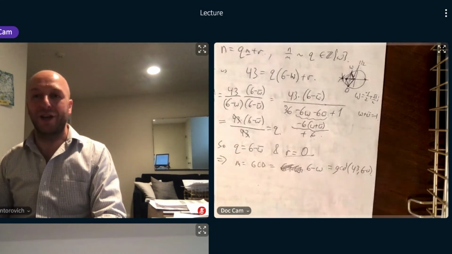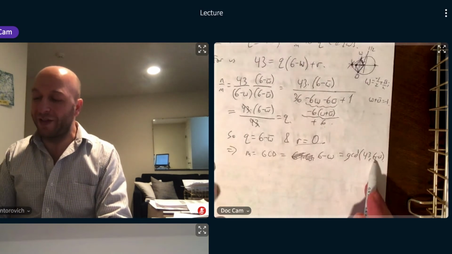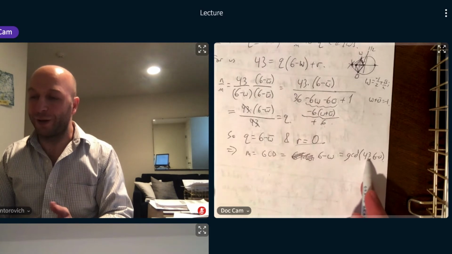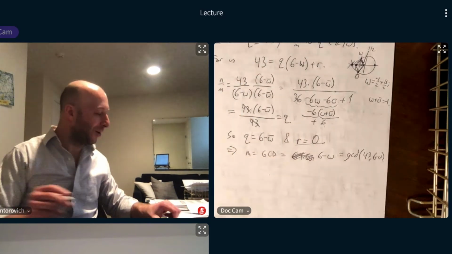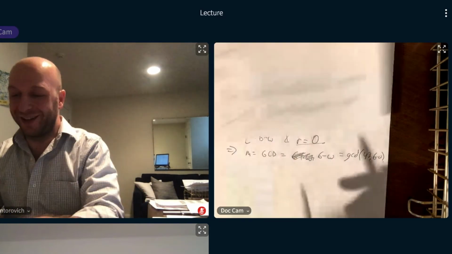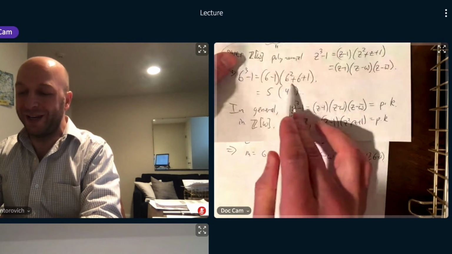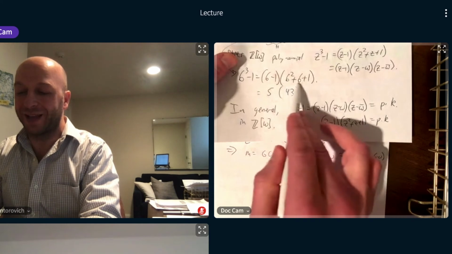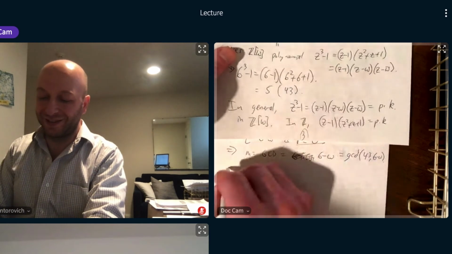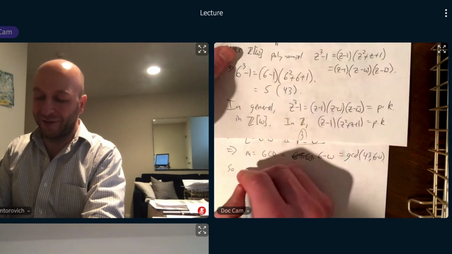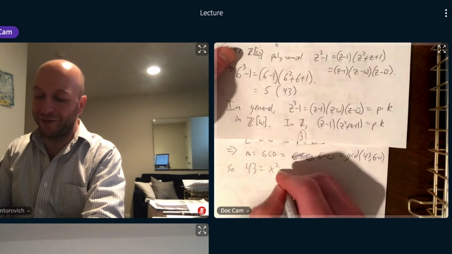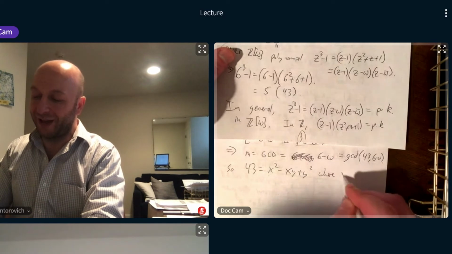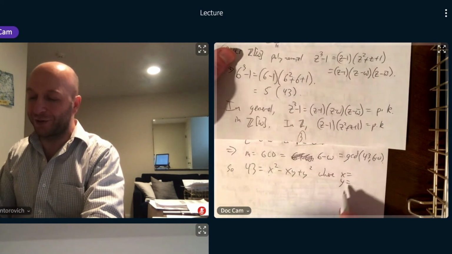So maybe this is not a good example, because when we got the number 6, we immediately had a representation of 43 all the way back here, as x squared minus xy plus y squared. So 43 equals x squared minus xy plus y squared, where x and y are what?